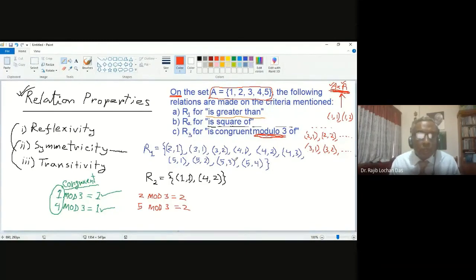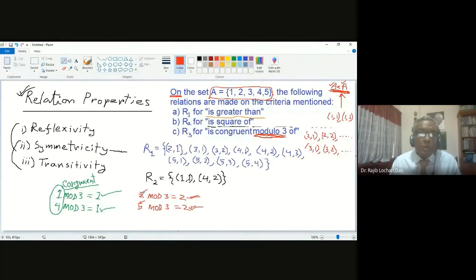So when we take 2 as the original number and apply mod 3, the result is 2. If I take 5 as the original number and apply mod 3, the result is the same. This is also 2, this is also 2.